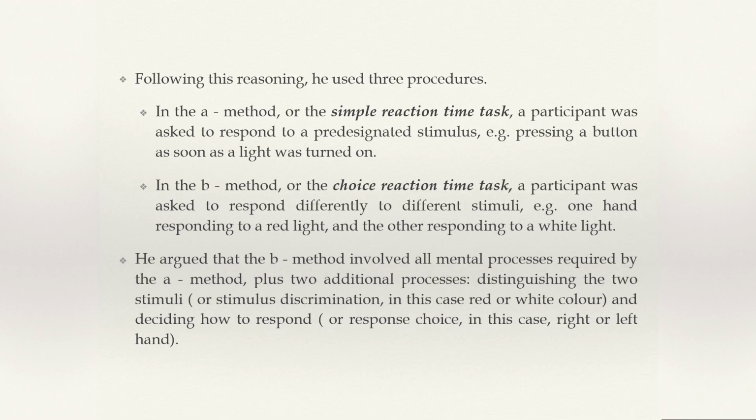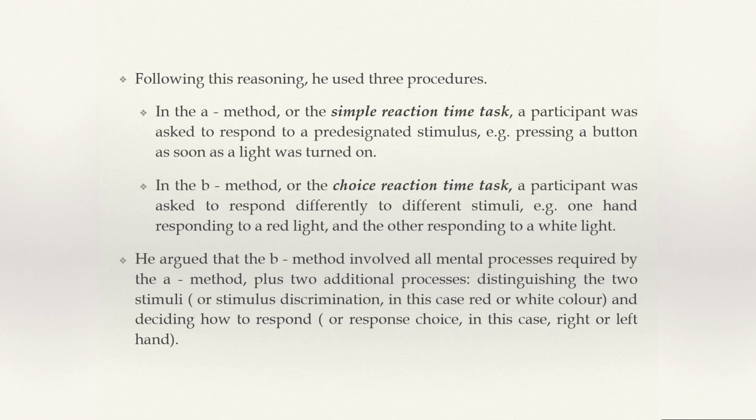So, he argued that the B method involved all mental processes required by the A method plus two additional processes. What are those? The distinguishing between the two stimuli, or stimulus discrimination, which in this case is the color of the light, whether it is red or white, and deciding how to respond, which hand am I going to use based on which light has come up.